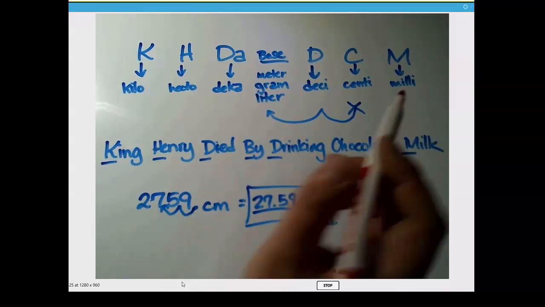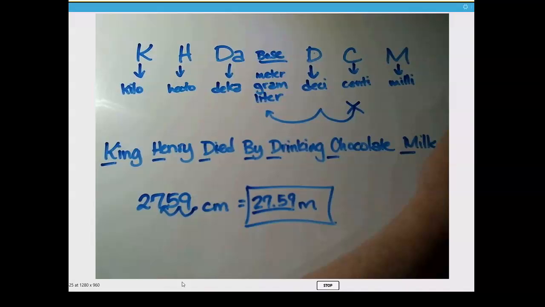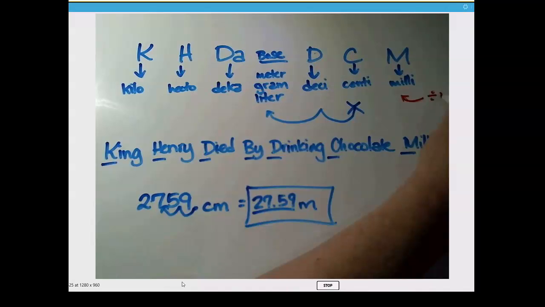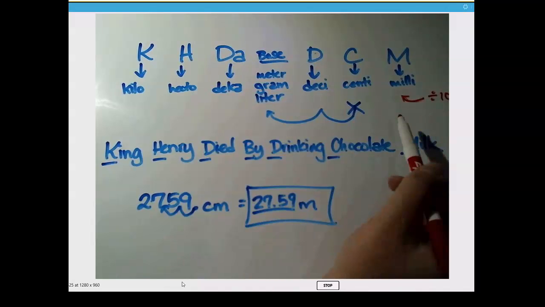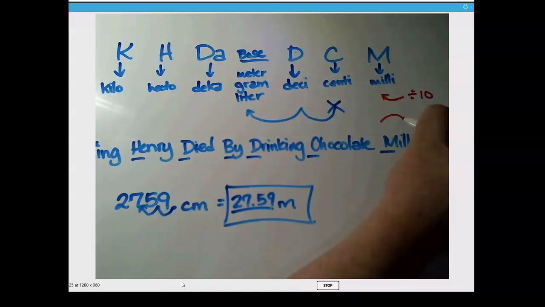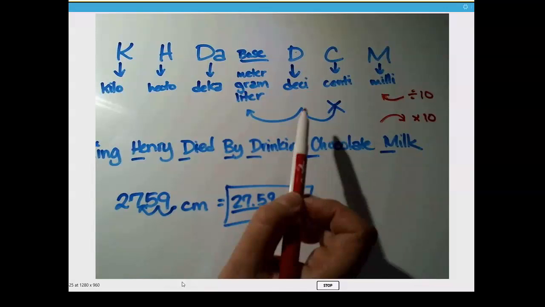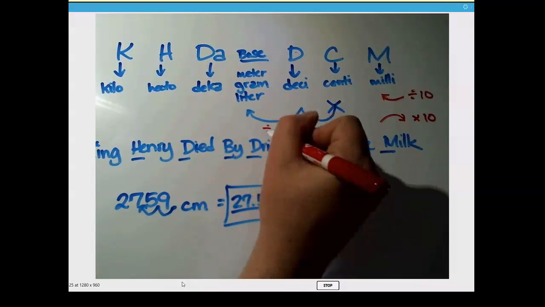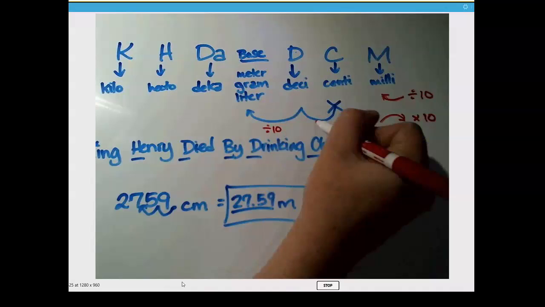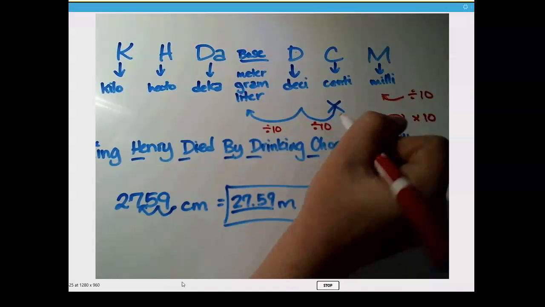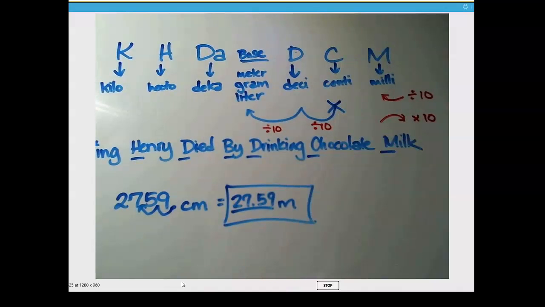One other thing that I'll point out is any move to the left on this line is like dividing by 10. And any move to the right is like multiplying by 10. So since we did 2 moves to the left, we divided by 10 2 times. Just like dividing by 100.